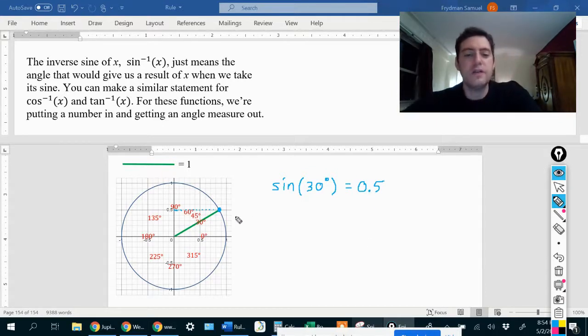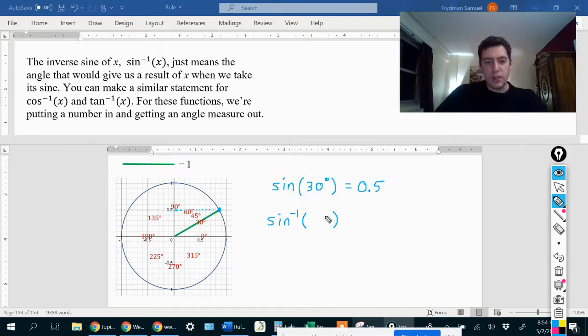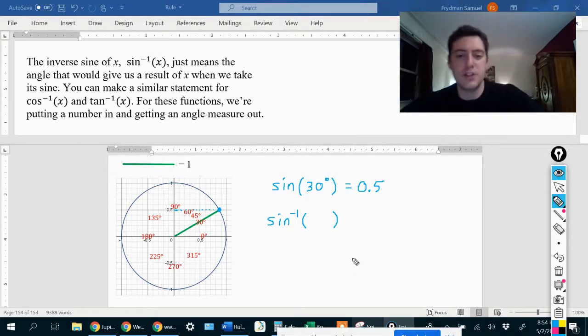Now, what if I wanted to find the inverse sine of something, which would be written this way? In this case, what I'm going to put in here is just a normal number, and then I'm going to ask myself, what angle measure would give me that number if I were to take the sine of that angle? So what if I put a 0.5 in here?